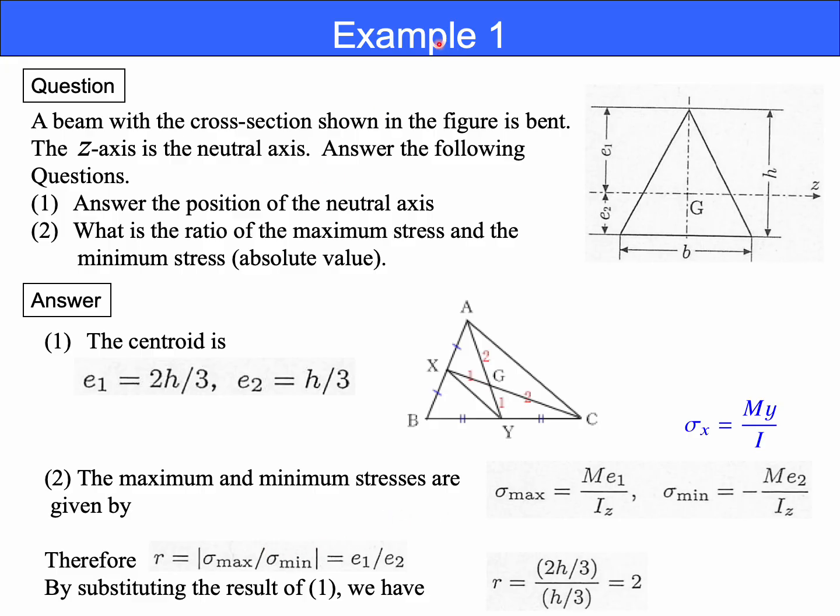Then the magnitude ratio R equals sigma max over sigma min, which is E1 over E2. By substituting the values of E1 and E2 into this expression, we obtain R equals 2.